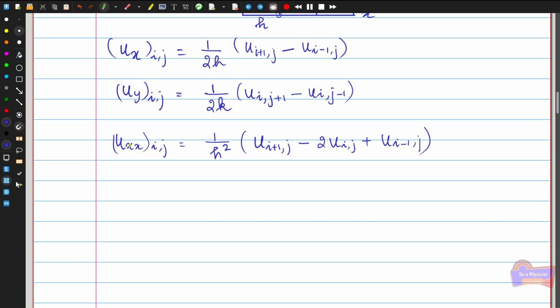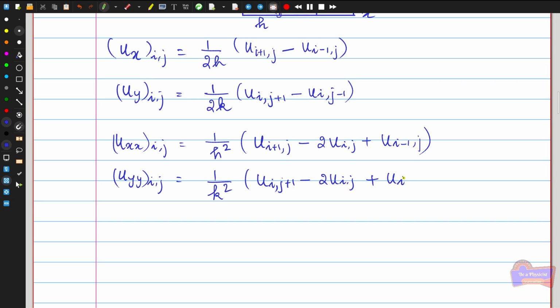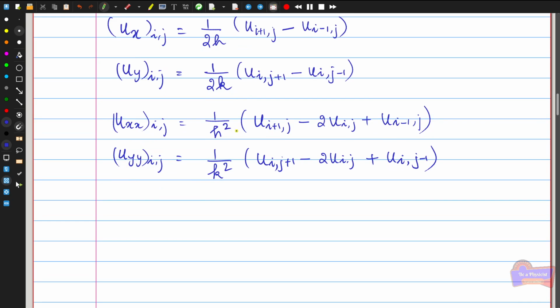So this is the second derivative approximation for the x variable. Similarly, uyy of i comma j can be written as 1 divided by k squared times u of i comma j plus 1 minus 2 times u of i comma j plus u of i comma j minus 1. So these are the first and second order derivatives.